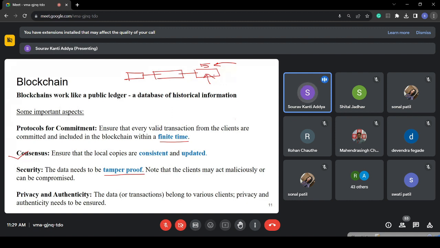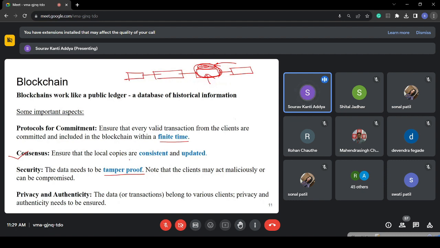Like in your bank passbook, you have some money in digital form, but somebody wants to tamper with that data. Even if somebody is able to tamper, they cannot tamper within this block. This 5 will remain there as long as this block exists. But what he can do is tamper that data in some form and add it as a new block. So whenever the mining process happens, you will always get that particular version with Bitcoin 5. So that is tamper proof.